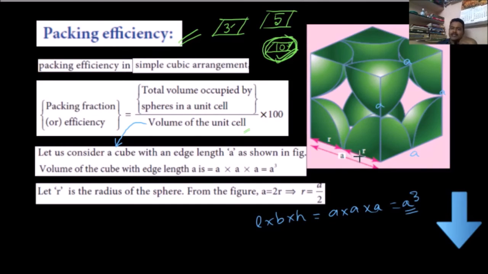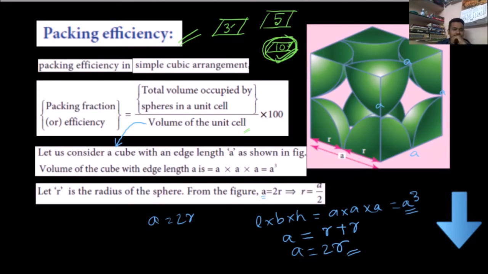So the overall edge A is equal to the sum of the radius of the first sphere and the second sphere, R plus R. So A is equal to 2R. If you want R, it is A by 2.